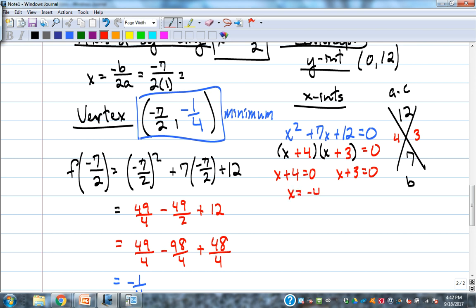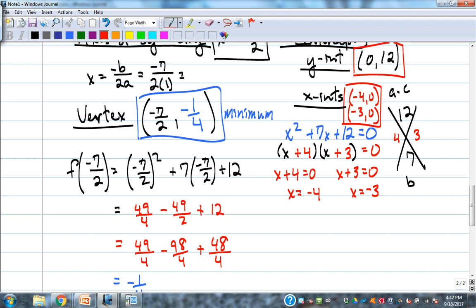You just change the sign. So my X-intercepts are at -4, 0 and -3, 0. And that finds me all my intercepts.